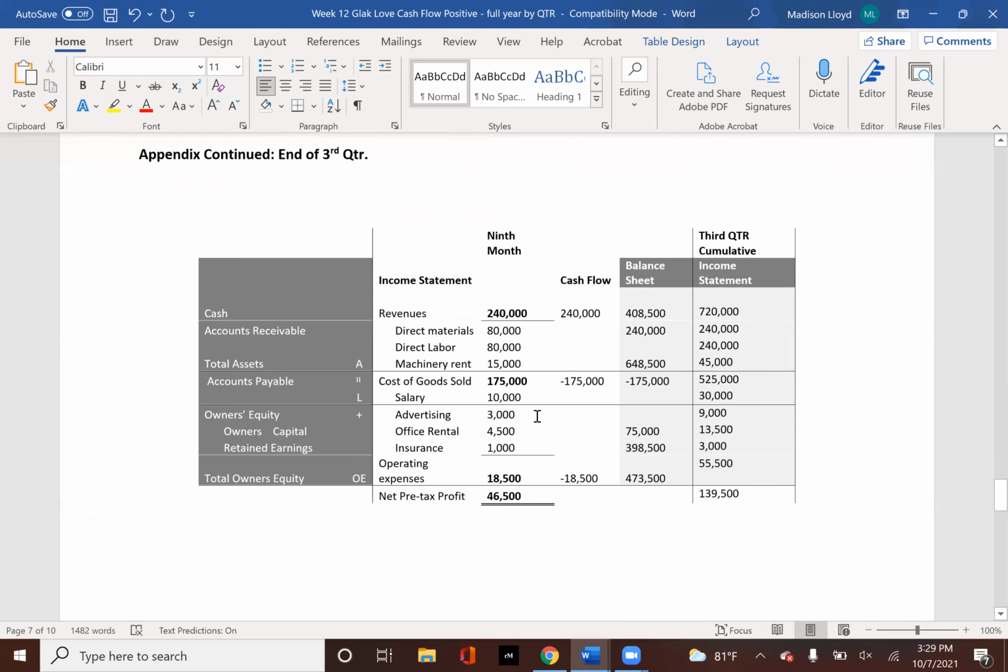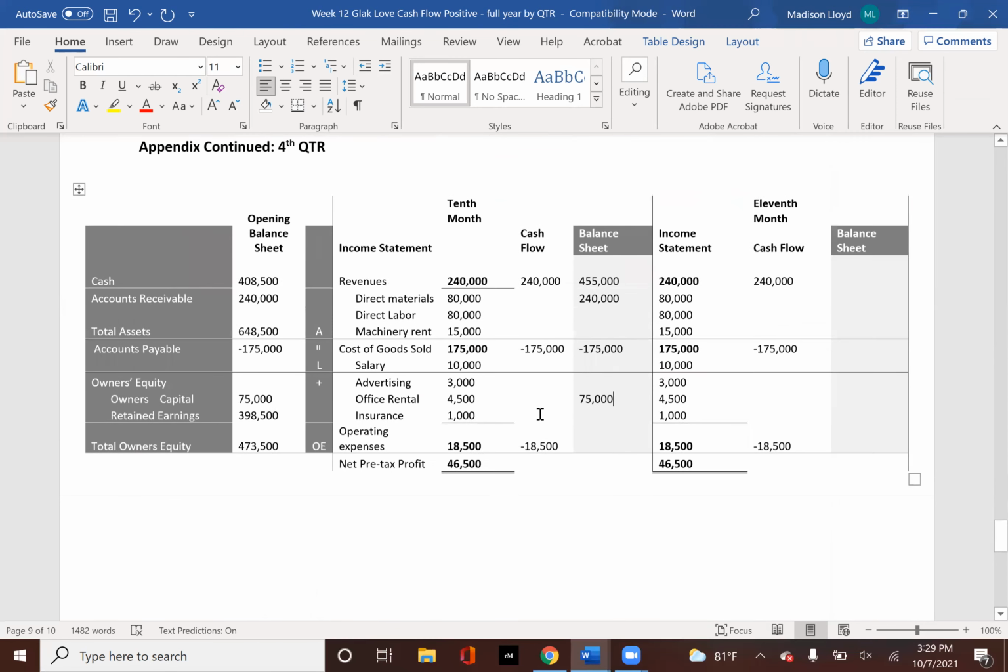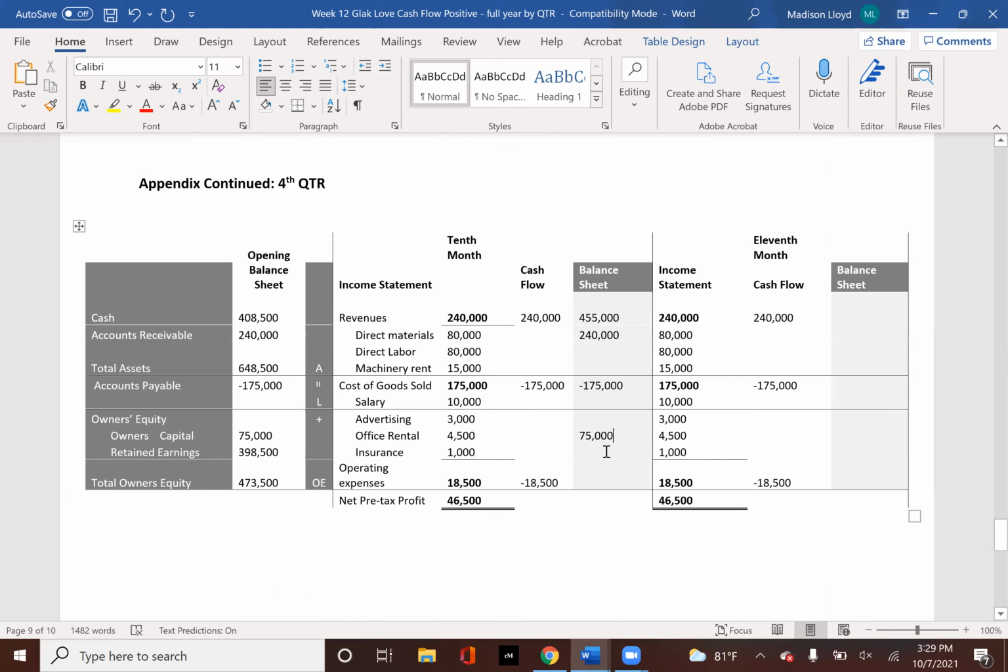Okay. $75,000 right there, owner's capital. Your retained earnings, take your last month's retained earnings plus this month's profit, $398,500 plus $46,500, and that gives you $445,000.